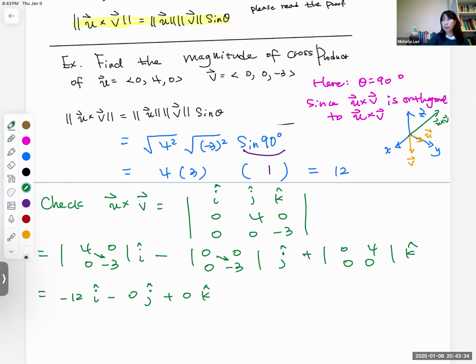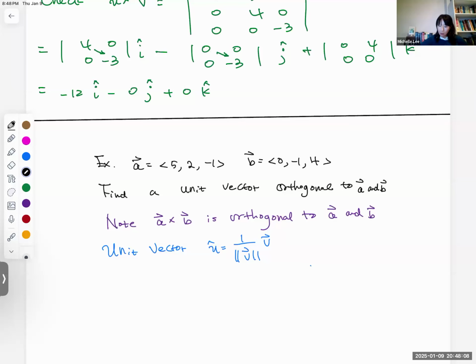Okay, so we have two vectors, A and B, and they say to find a unit vector orthogonal to A and B. So we knew that A cross B, the cross product of A and B, is orthogonal to A and B, right?